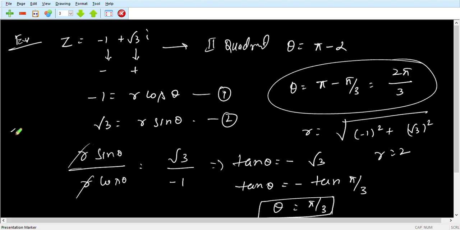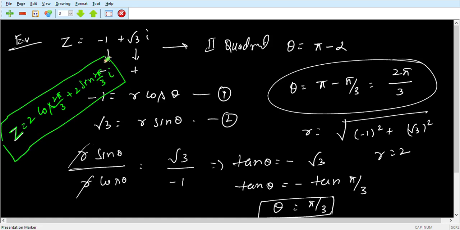So z is equal to 2 cos 2 pi by 3 plus 2 sine 2 pi by 3 iota. This is the polar form of this complex number.